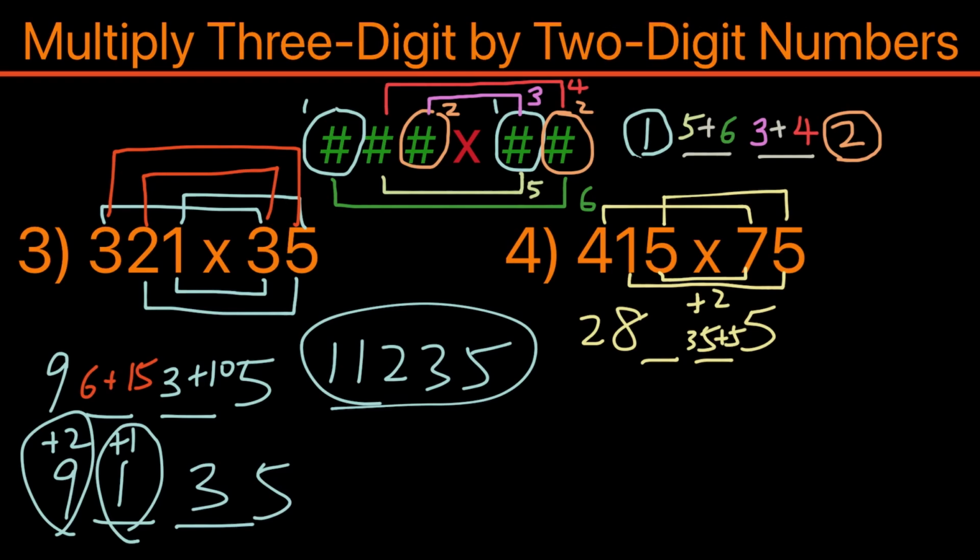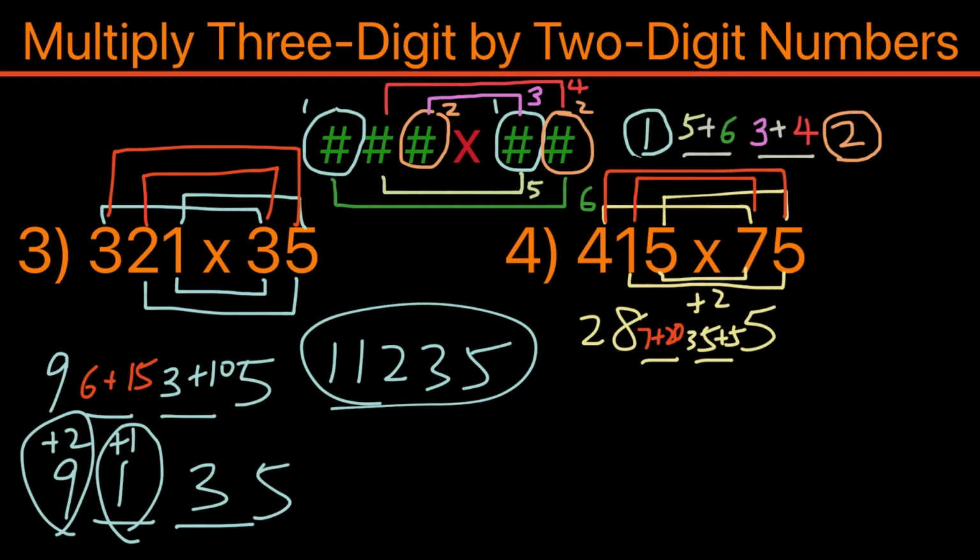Okay, and then fifth step, second digit to first digit. It's 1 times 7 is 7. And the last step, which is the first digit multiplied by the last. 4 times 5 is 20.